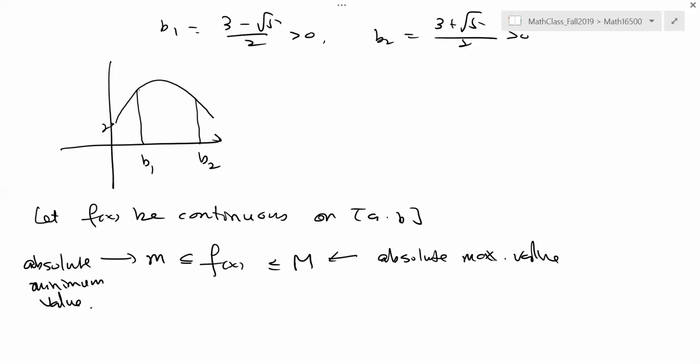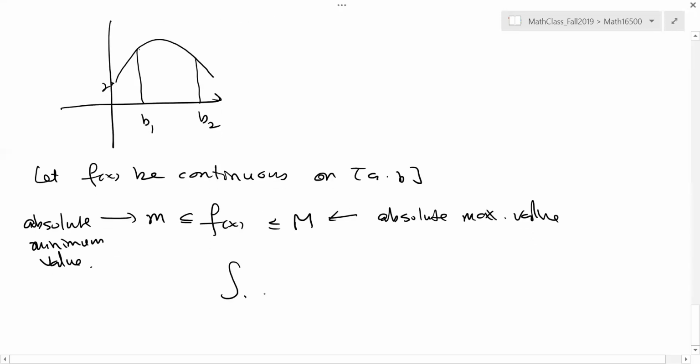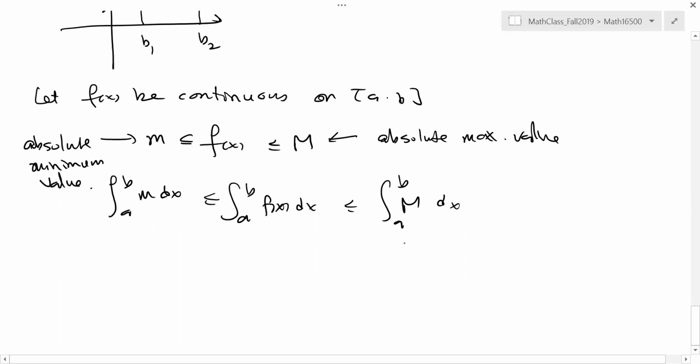Little m and capital M are both numbers. So you can integrate over the interval. What you get here is capital M times B minus A. What you get here is little m times B minus A. Then you divide both sides by B minus A, and you get the average value in the middle.